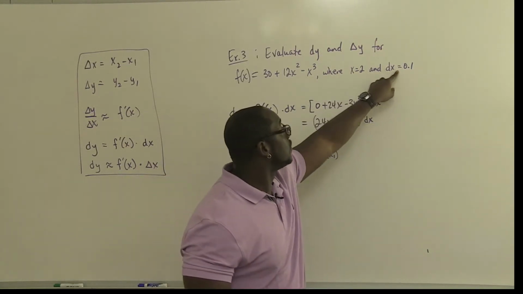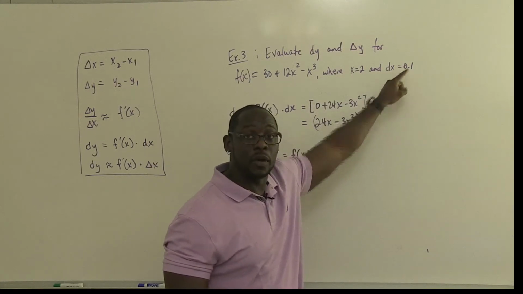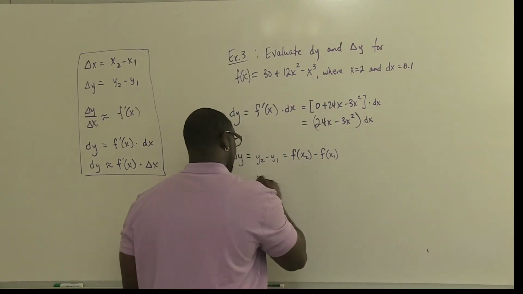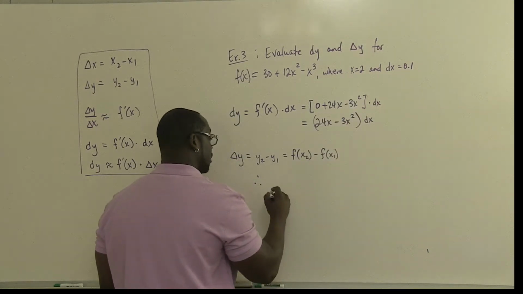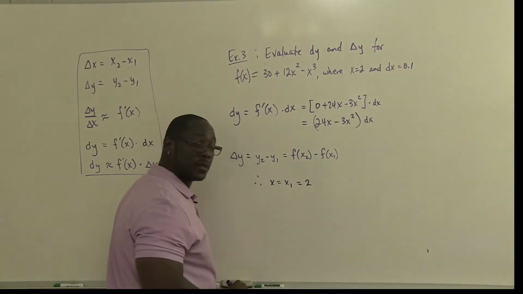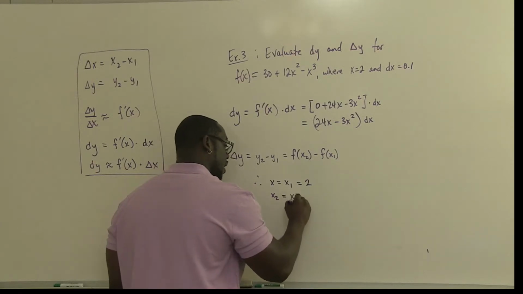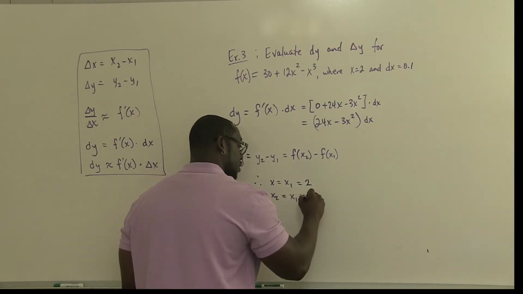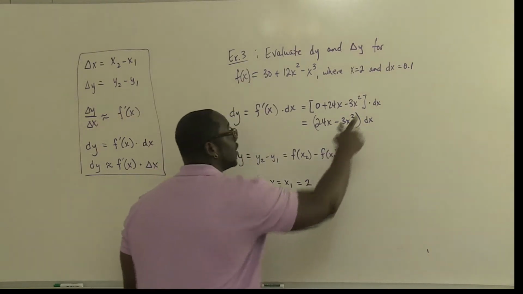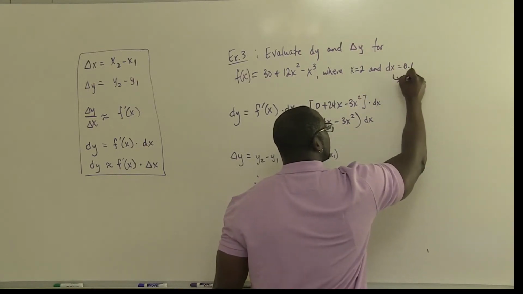And the difference between here and the next point from a horizontal standpoint is 0.1. So our x is going to be x1, which is 2, and our x2 is going to be x1 plus delta x.